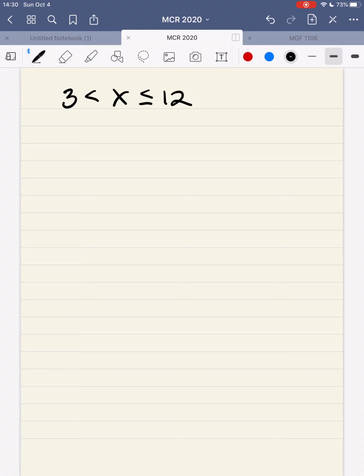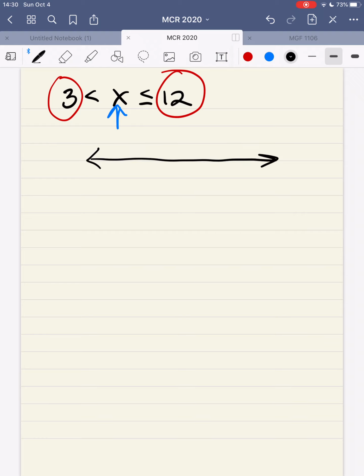Okay. Now in this case, x is between two numbers. All right. So when we do our graph, we're looking at what's interesting between those two numbers, 3 and 12. Notice I don't care about what's going on in the middle. All right. Now x is in the middle between those two, which means it's not going to go past 3 or past 12.